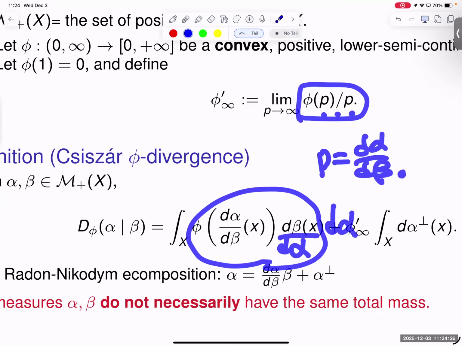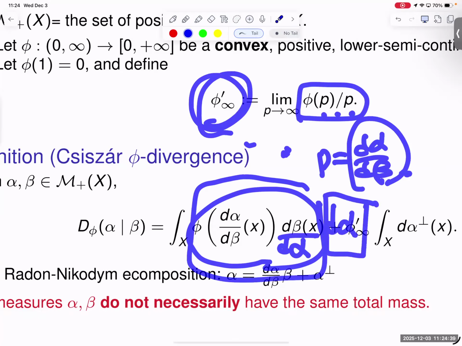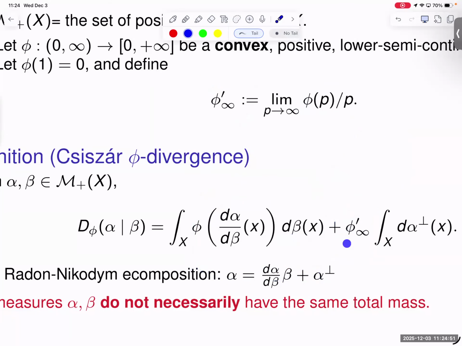So as p goes to infinity, this whole thing will converge to phi prime infinity. Then you just consider the corresponding part on the singular set. So that is what happens here. You just have this value and this.